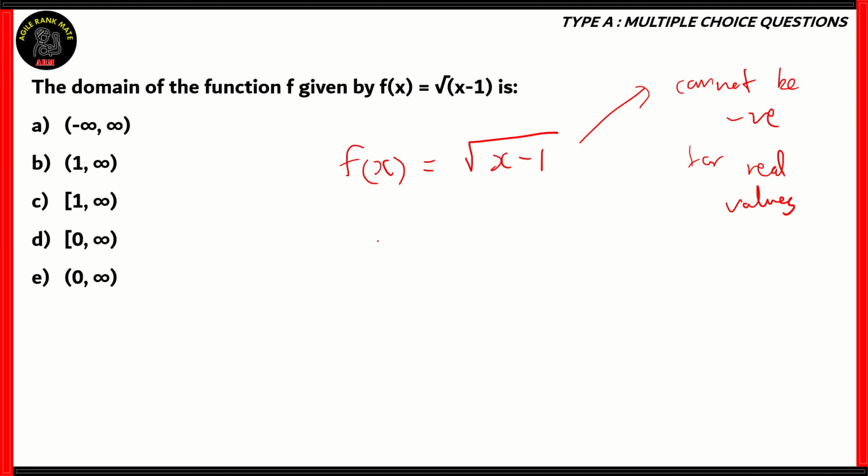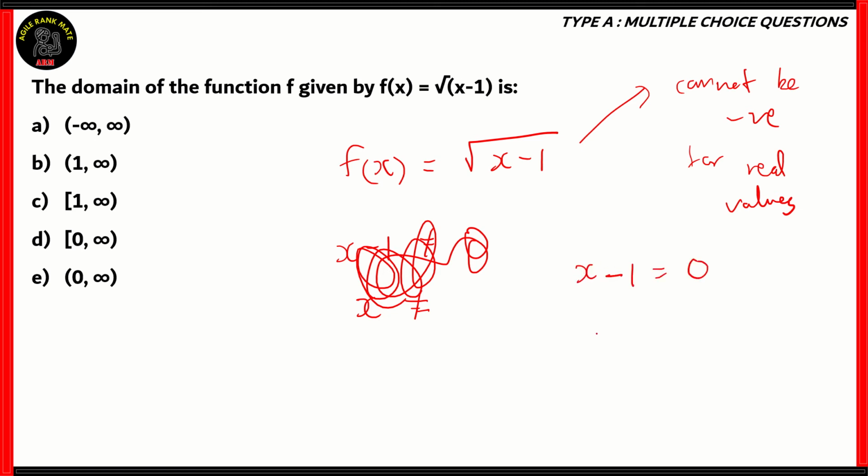So, therefore, we need to make sure that the value of x minus 1 is not negative. Technically it can be 0 because under root of 0 still gives you 0, but x minus 1, if it's equal to 0, then x equals 1.